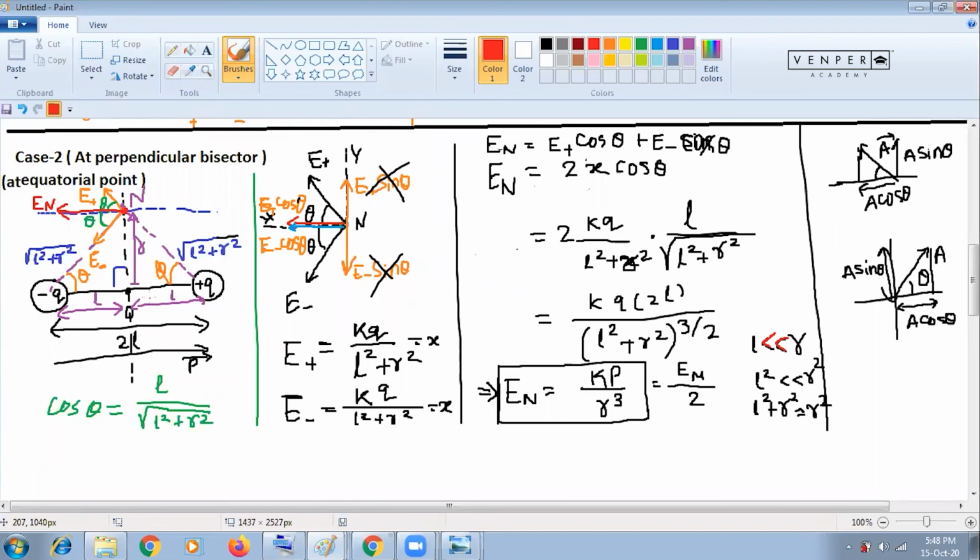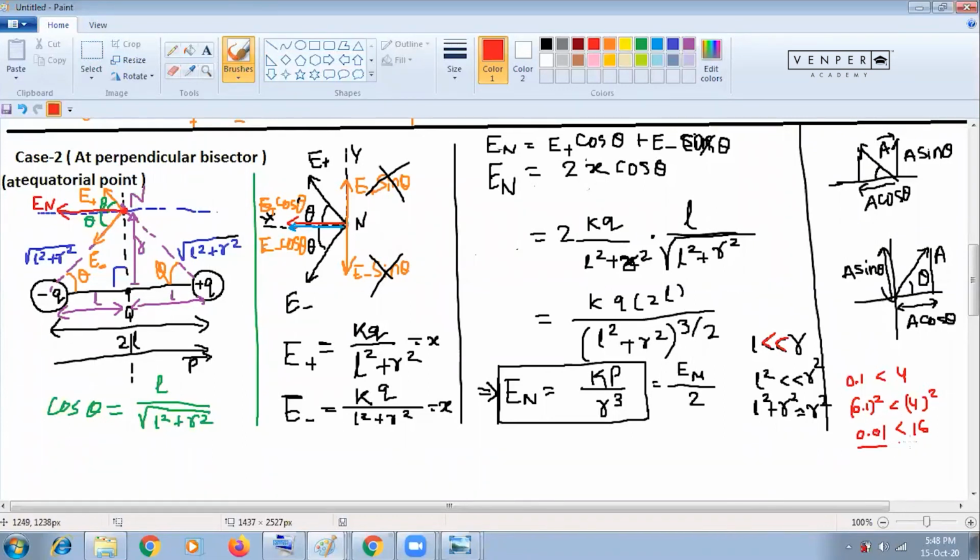Yeah. So if L is very much less, suppose I'm telling like this: suppose 1 is very much less than 4, right? Now suppose 0.1 is very much less than 4. Then if I take 0.1 square and 4 square, how much will I get? 4 square is 16, 0.1 square is again 0.01.